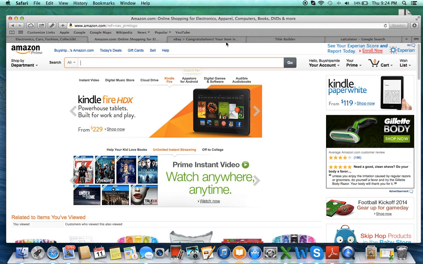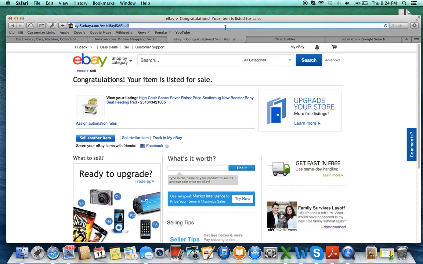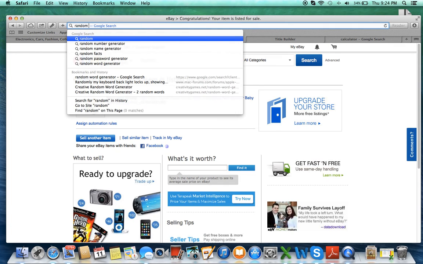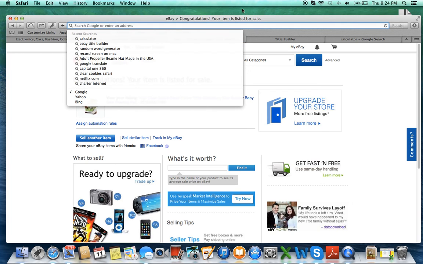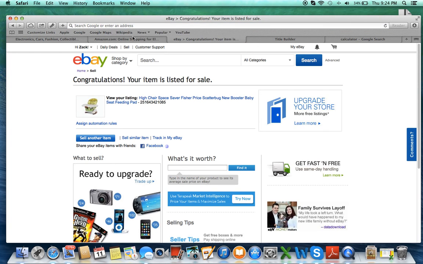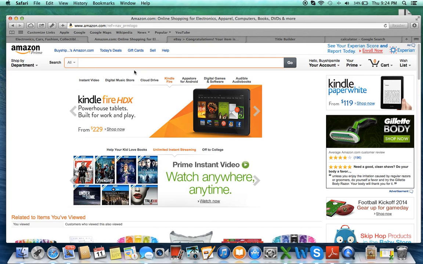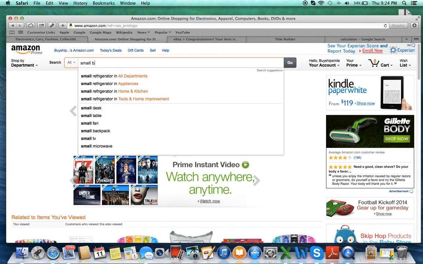You can use any word that you want. I'm sitting here looking at a small bench, so that's what I'm going to use for my word.